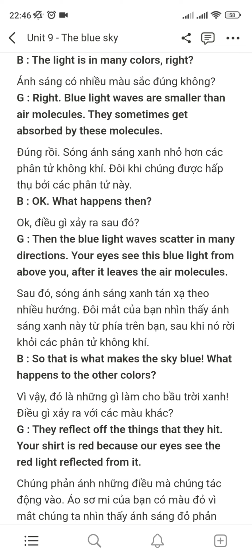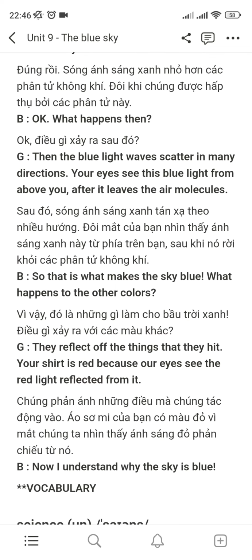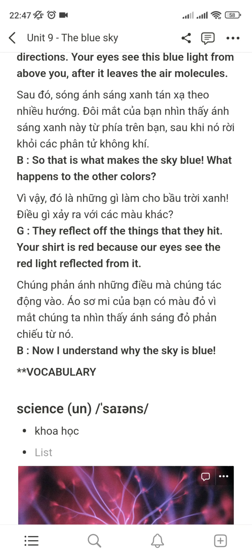What happens to the other colors? They reflect off the things that they hit. Your shirt is red because I see the red light reflected from it. Now I understand why the sky is blue.